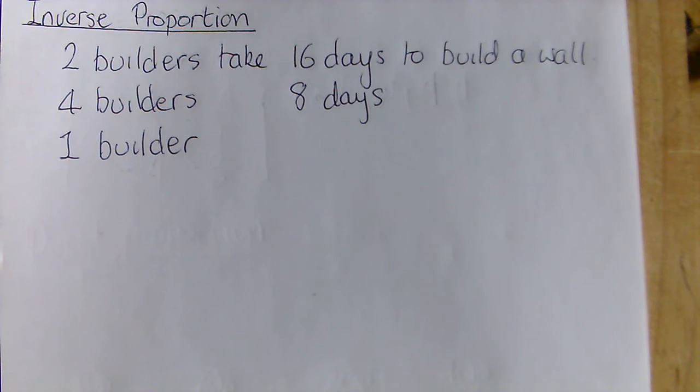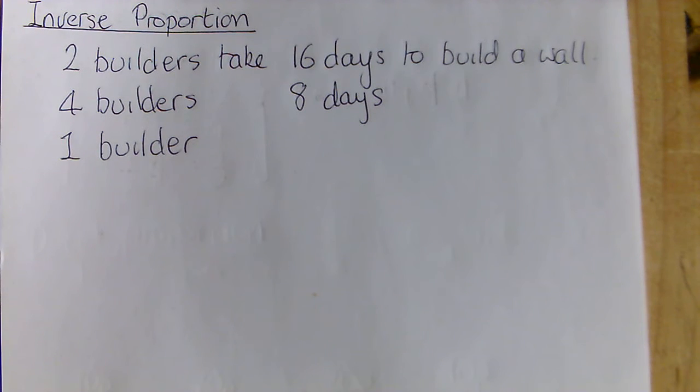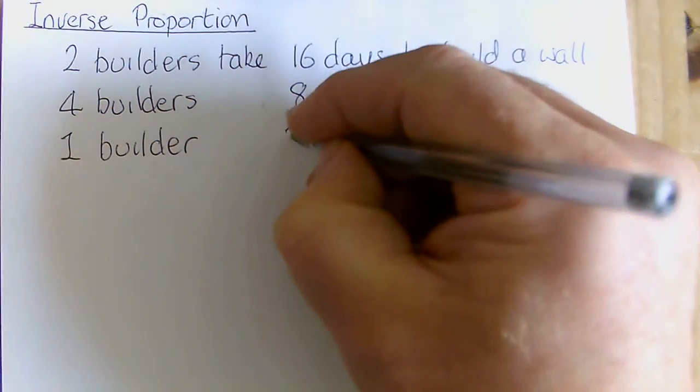If only one builder was available, how many days would it take him to build a wall? Well, if 2 builders take 16 days, one builder would take twice as long, and that would be 32 days.